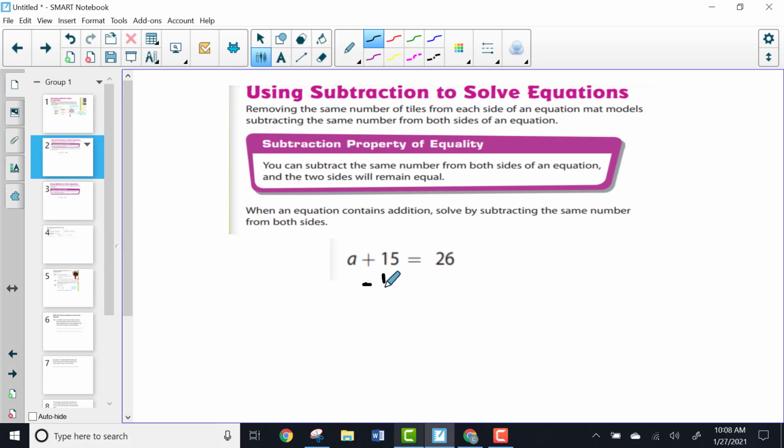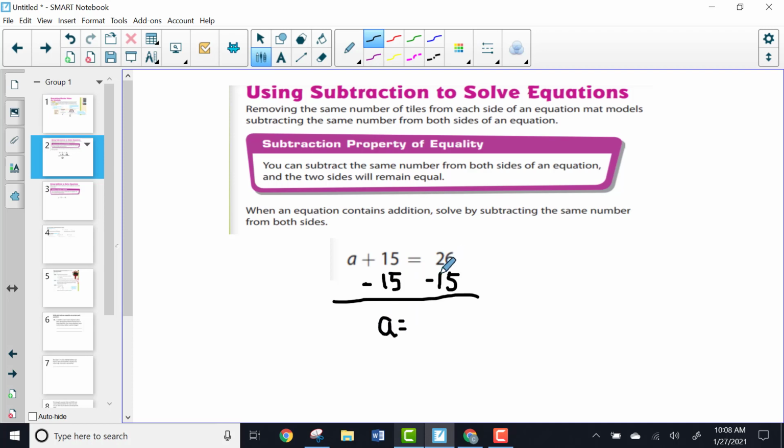So that means I'm going to subtract 15 from the left side of my equation. And since it's the subtraction property of equality, we have to subtract from both sides. So 15 minus 15 cancels out the 15. That means we're just left with a.